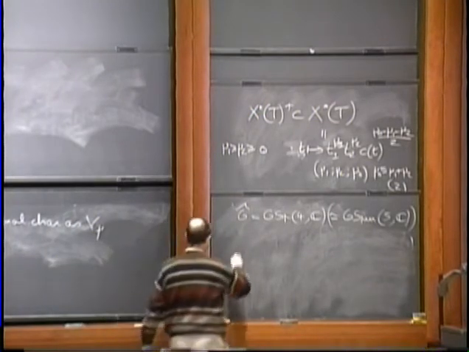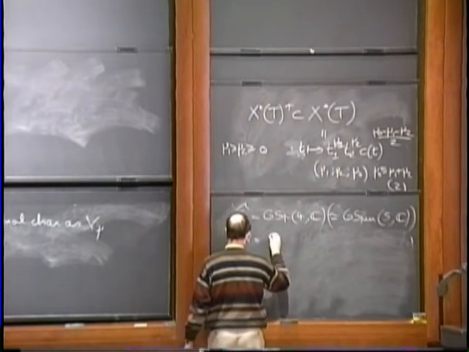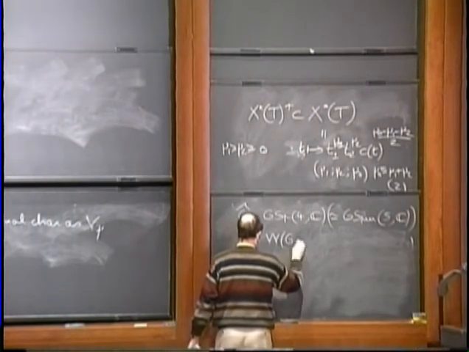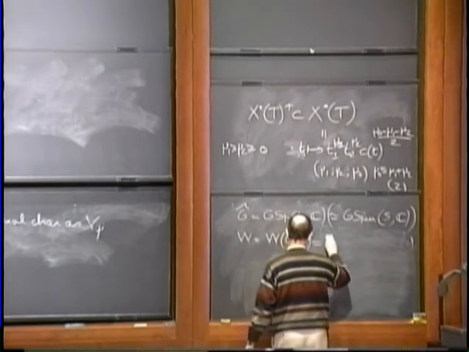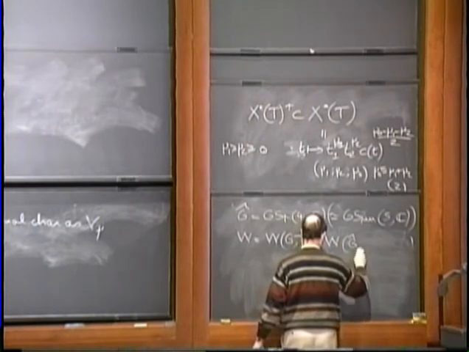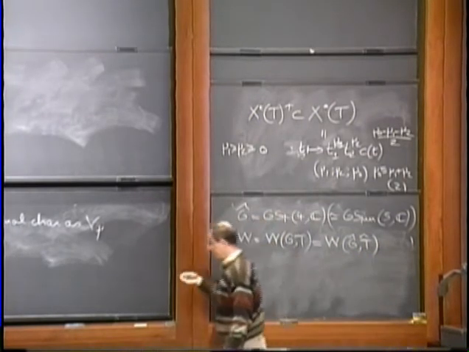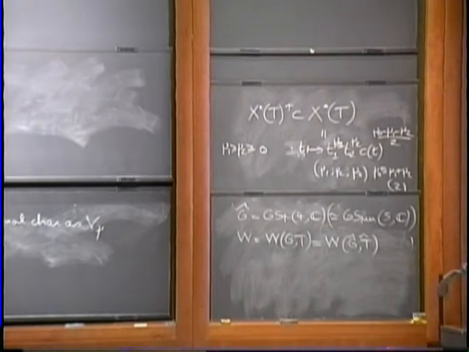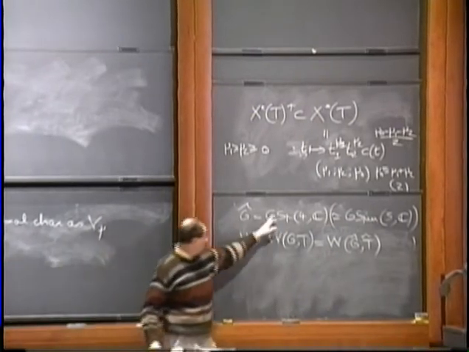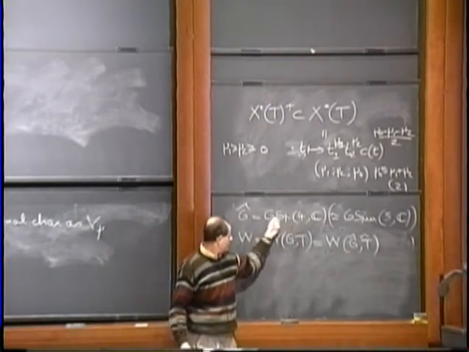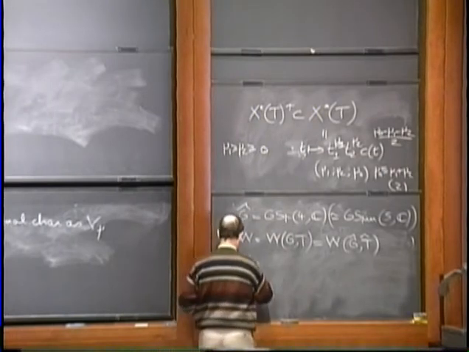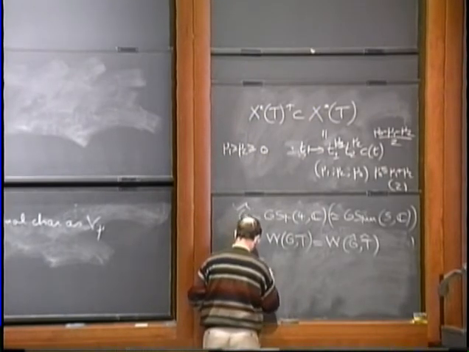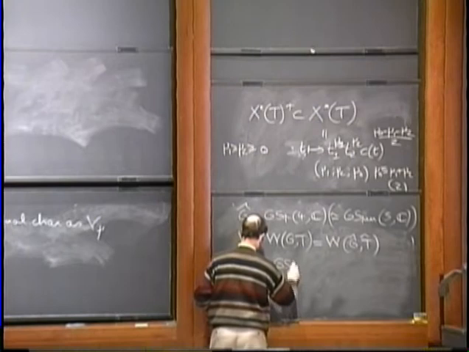And W is the Weyl group of the pair G, T, or equivalently the pair G hat, T hat, where T hat is the dual of T and can be viewed similarly as a diagonal torus here. So T hat is simply the diagonal torus in GSp4(C).